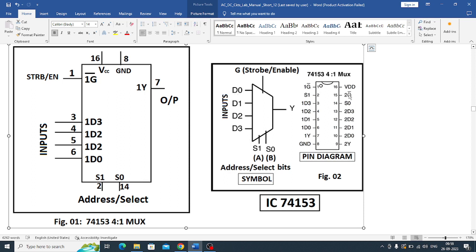When we make 2G bar as enabled, the inputs 2D3 to 2D0 will be active, and according to the value of S0 and S1, that will be selected to the output. In the first case, output will come to 1Y. In the second case, output will come to 2Y. And VCC, here called VDD, is pin number 16, and pin number 8 is ground.